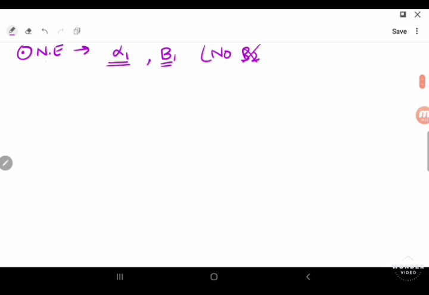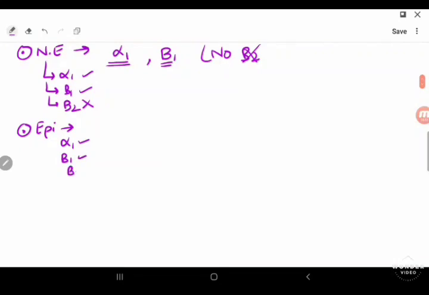Let's just write it down in a way that we understand: alpha 1, we said we are not taking alpha 2, beta 1 and beta 2. Epinephrine has an effect on alpha 1, an effect on beta 1, and an effect on beta 2.